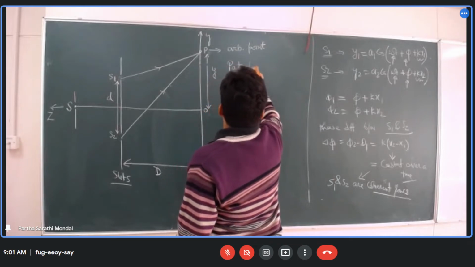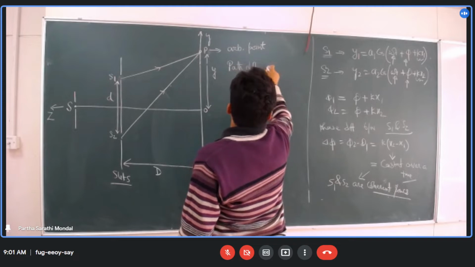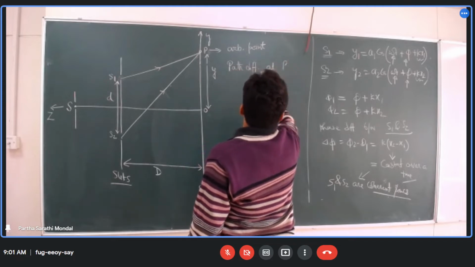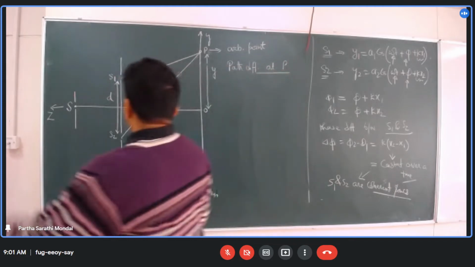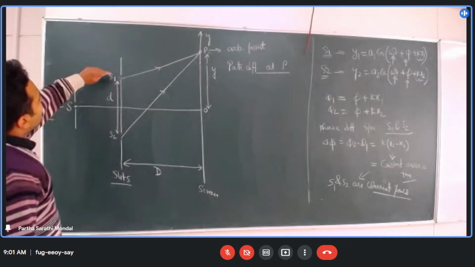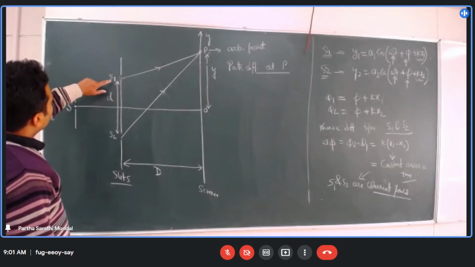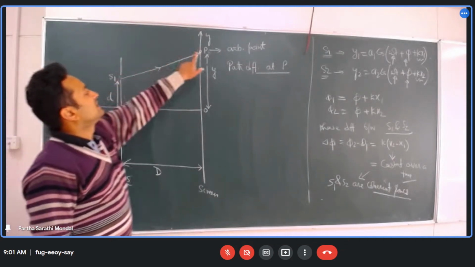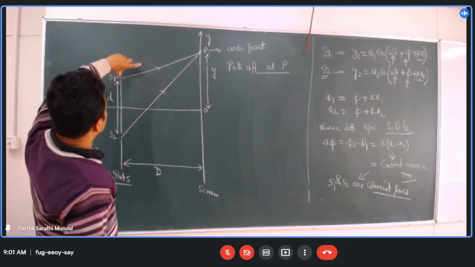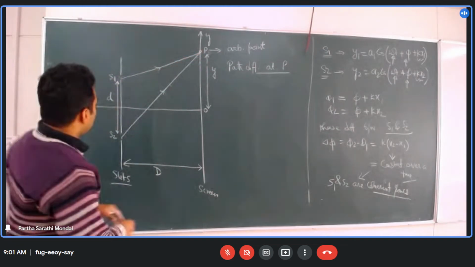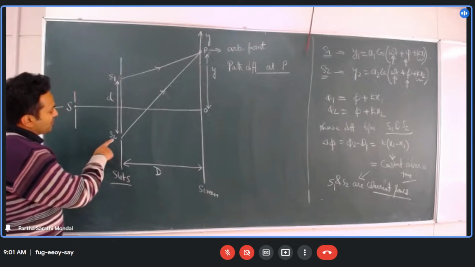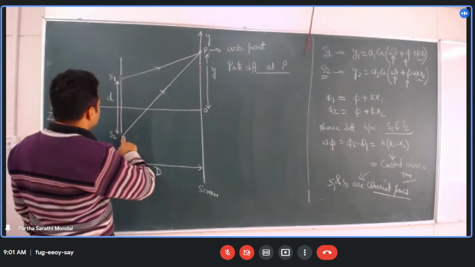Path difference at P. If light coming out from S1 reaches P, it travels a distance S1P, and the light coming out from S2 travels a distance S2P.